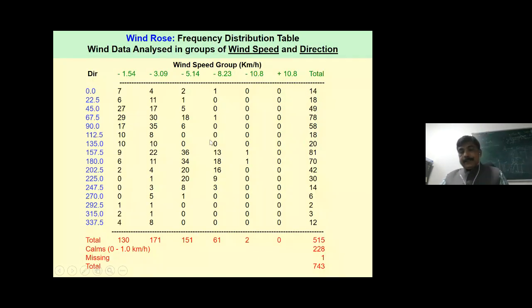Now let me show how the Windrose diagram is prepared. So here it is. The wind data for, say, 1 month or 1 year is collected and then analyzed or broken or filled into this box. So you can see this row and column table. On the vertical direction, left side, you can see direction 0, 22.5, 45 up to 337.5.